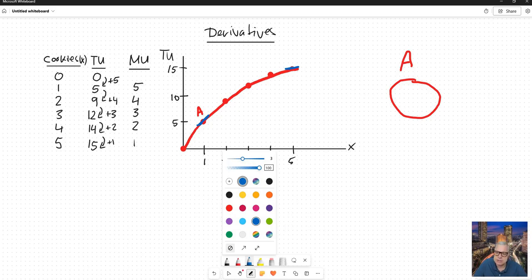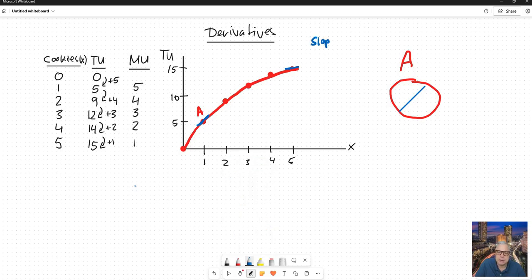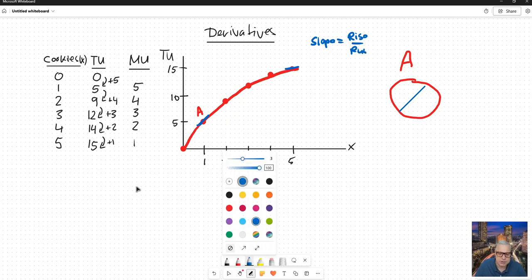So this point has a slope. Okay, so now we have a slope, and the slope is defined as the rise over the run. So at this point, in a different color, light blue, the slope is the rise over the run, and the rise would be this distance.